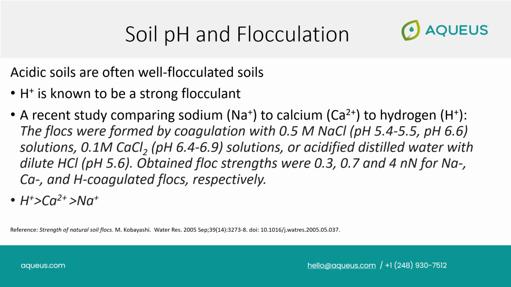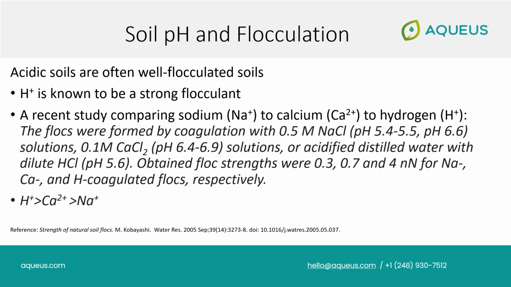So if we look at soil pH and flocculation, acidic soils are often well flocculated. Hydrogen is known to be a strong flocculant. Even though it's only one charge, it is so dense and so small that it allows that diffuse double layer between clay particles to be quite small.